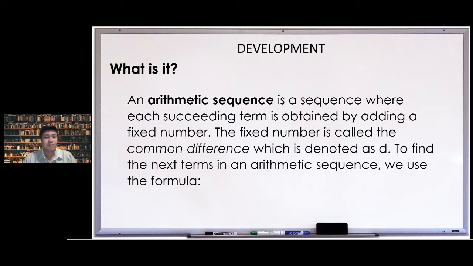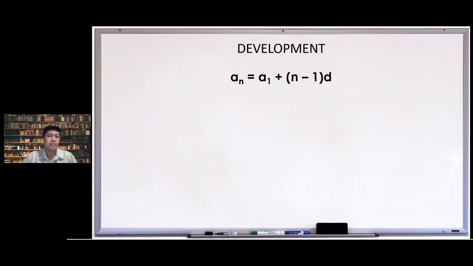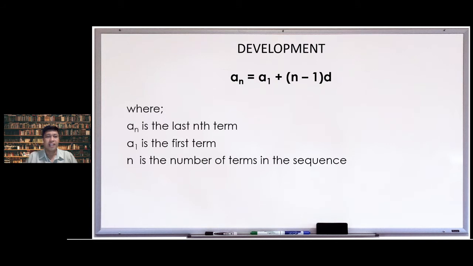To find the next terms in an arithmetic sequence, we use the formula a sub n is equal to a sub 1 plus the quantity n minus 1 times d, where a sub n is the last term, a sub 1 is the first term, and n is the number of terms in the arithmetic sequence.